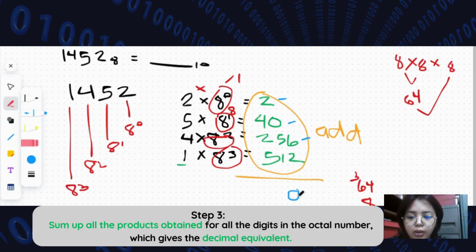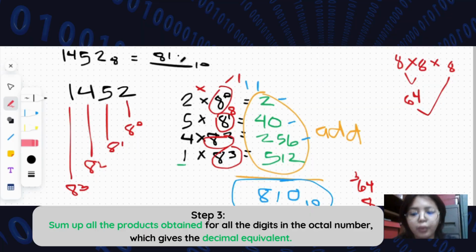Carry 1. 1 plus 4 is 5, plus 5 is 10, plus 1, 11. Carry 1. And 1 plus 2 plus 5 is 8. So we have our final answer, which is 810 decimal. Don't forget to put the base of 10 or the subscript 10, so we will not forget what we converted.